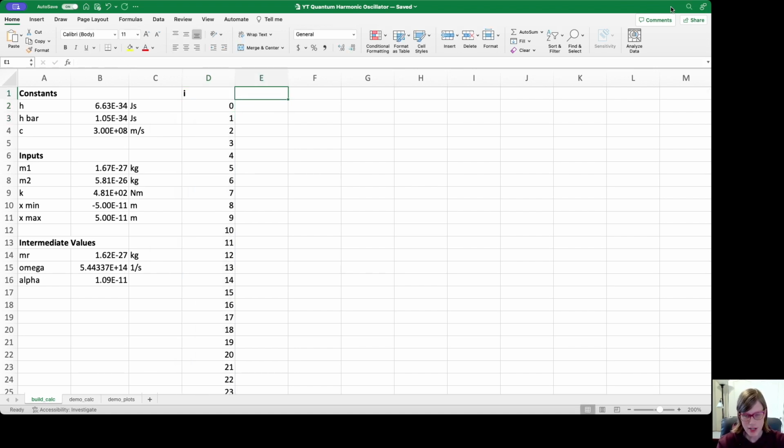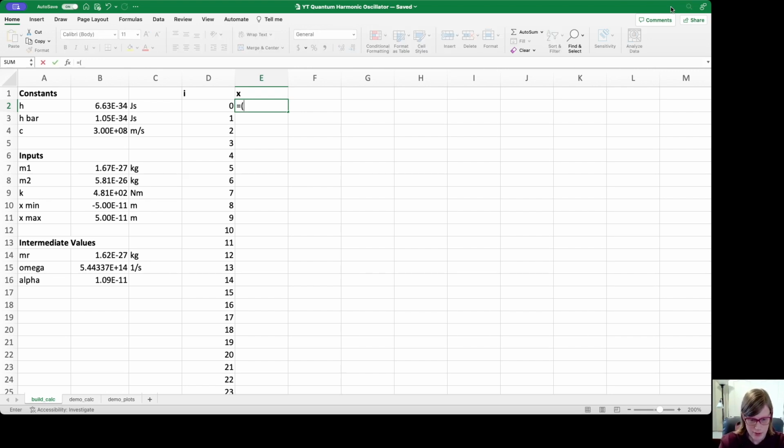Then we need to define our x's. So what's on our x-axis? That's going to be x, and I'm going to make that bold too. This is like a y equals mx plus b situation. First we're going to define the slope, then multiply that by one of the i's, and then add the intercept, which is the minimum part of the axis. So what do I mean by that?